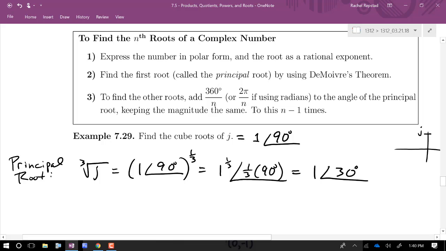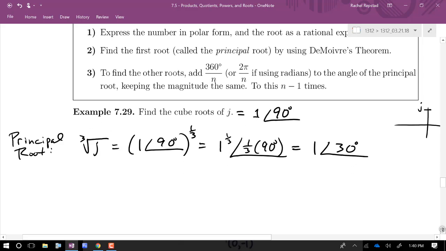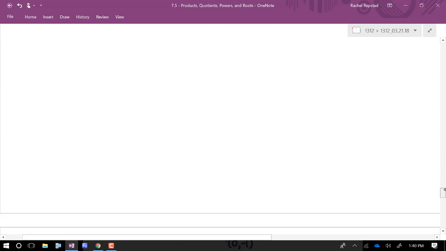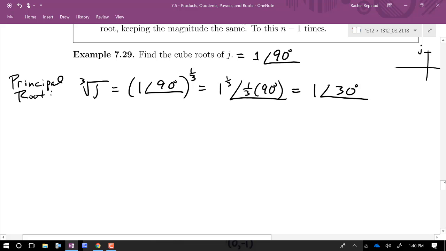The other two roots now are going to be equally spaced. They're going to have the same modulus, so they'll also have a modulus of 1. But they'll be equally spaced around a circle. So the way we get the other roots is we simply add 360 over 3.